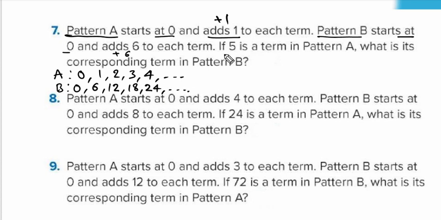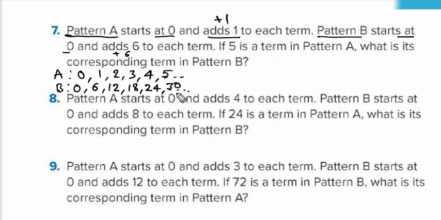If 5 is a term in pattern A, what is the corresponding term in pattern B, right? So if 5 is here, 4, 5, then the corresponding term here, 18 plus 6 is 24, 24 plus 6 is 30.